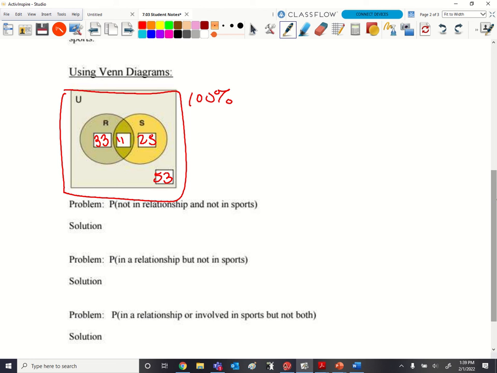The relationship is 33. What would be the complement to that? What is missing to make that complete? What percentage is complete? 100. Very good. So complete is 100, right? So what was missing to make that complete? 67, right?